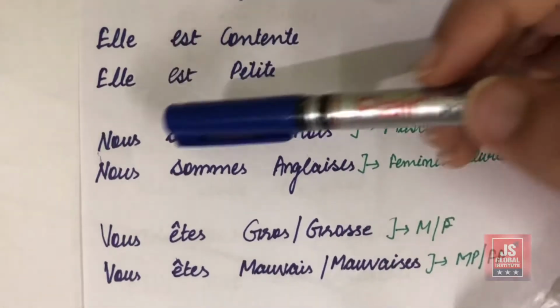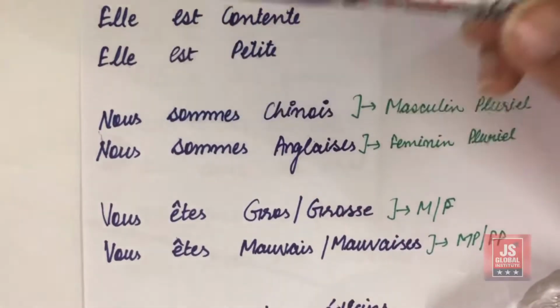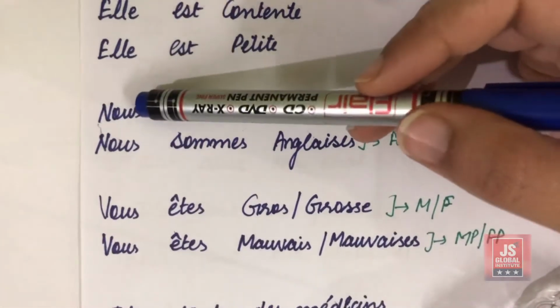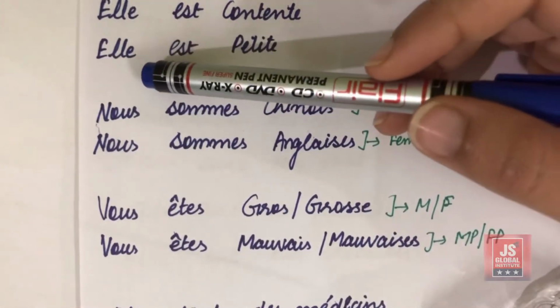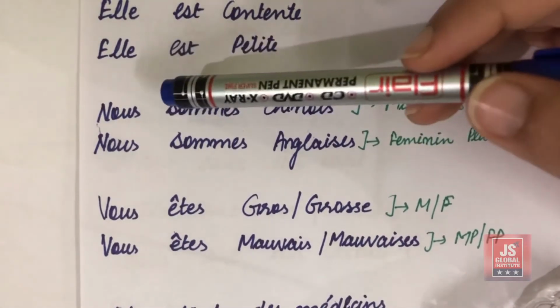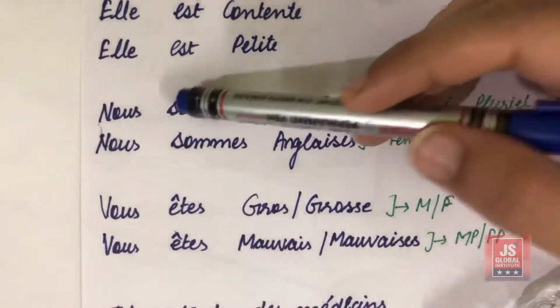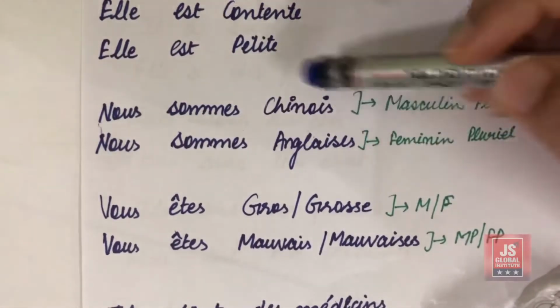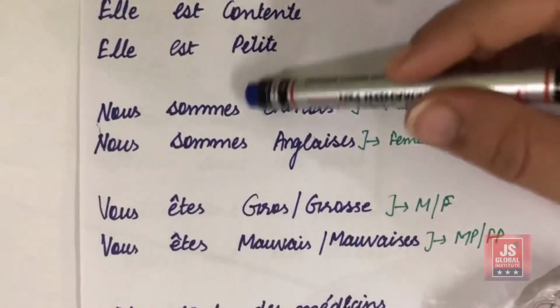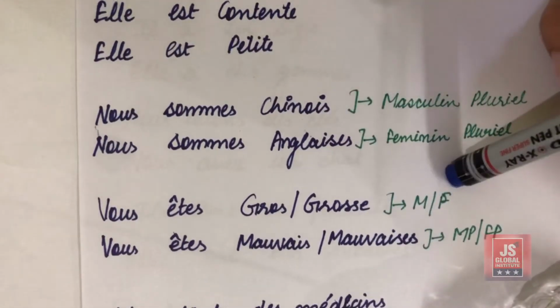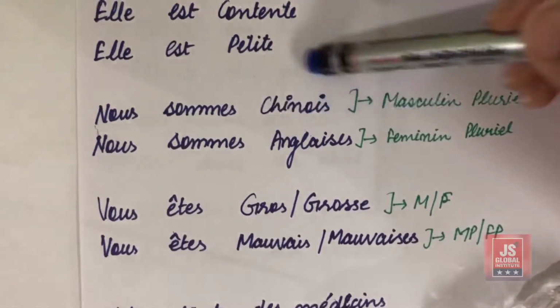Okay, next is nous. So what does nous mean? Nous means basically we. Okay, that is more than one person is there. It can be masculine plural, it can be feminine plural. So accordingly the adjective will change at the end. Nous sommes chinois, that is we are Chinese. So if I am talking about 2 or 3 male persons including me, then it would be chinois.